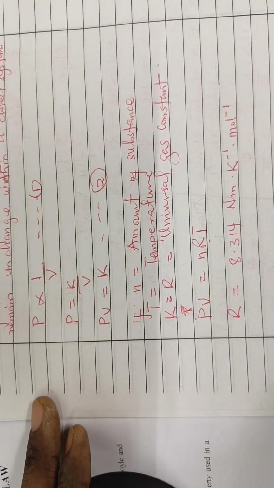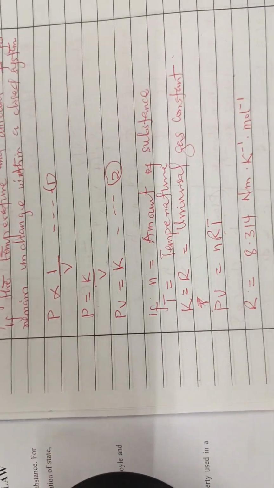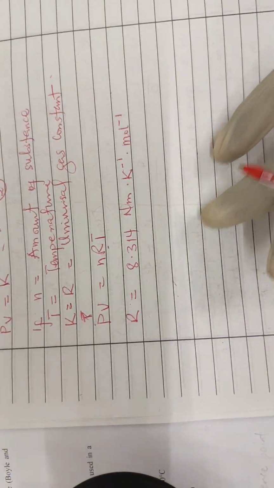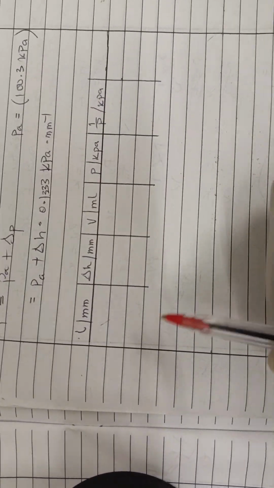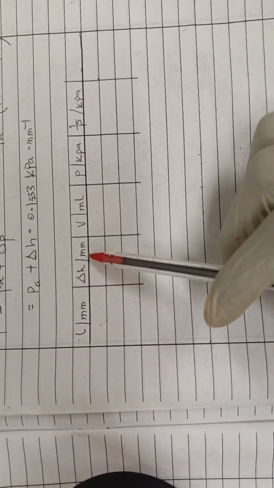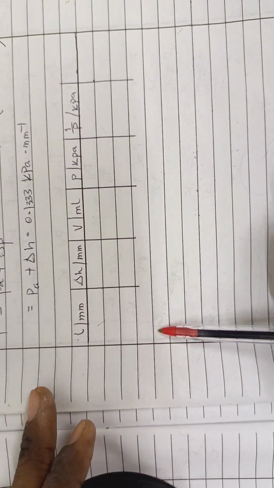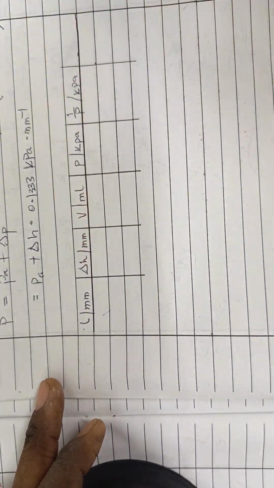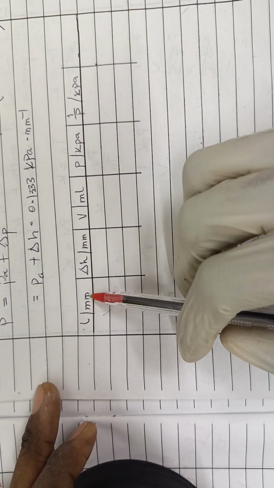So we are interested in finding this value. Now how do we do that? In part 1 of the video, we looked at how the experiment is performed. So let's look at how the table will look. We are expecting to get a table like this. Our first quantity can be any of these, the L or the change in L. Let's use the L in millimeters.